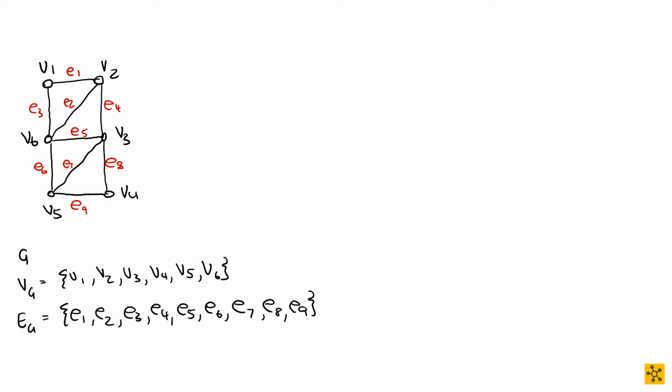So let's do our first vertex induced subgraph, and we're going to have our vertex set of our subgraph being V1, V3, V4. So we're going to create a subgraph with the vertices V1, V3, and V4.